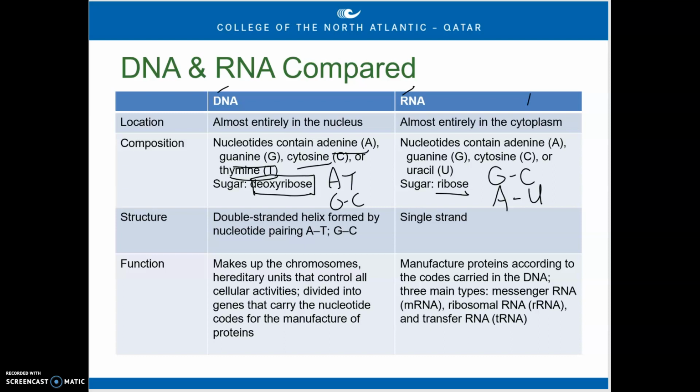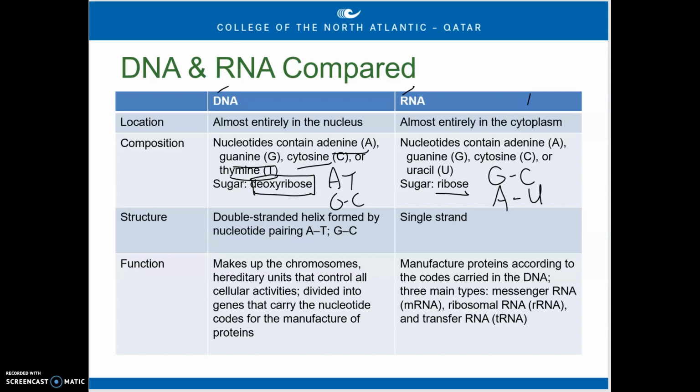The structure of DNA is what we call a double-stranded helix, and that's the twisted ladder look that most people would recognize if they thought of DNA. When we say it's a double strand, it's because it's two sides. The ladder's got two sides and the rungs that go in between. Now RNA is a single strand.